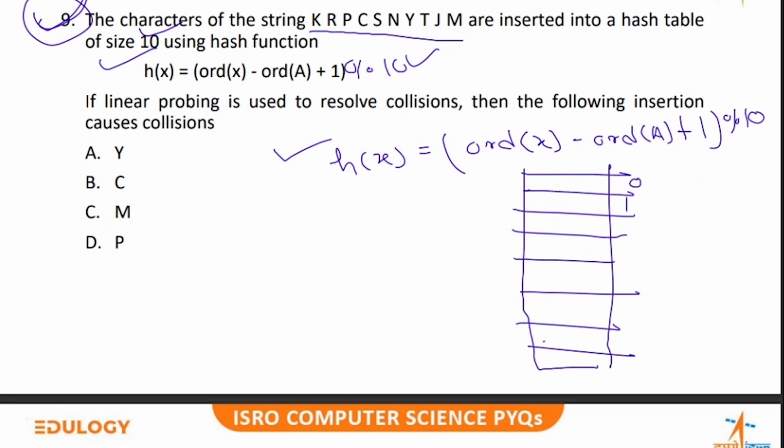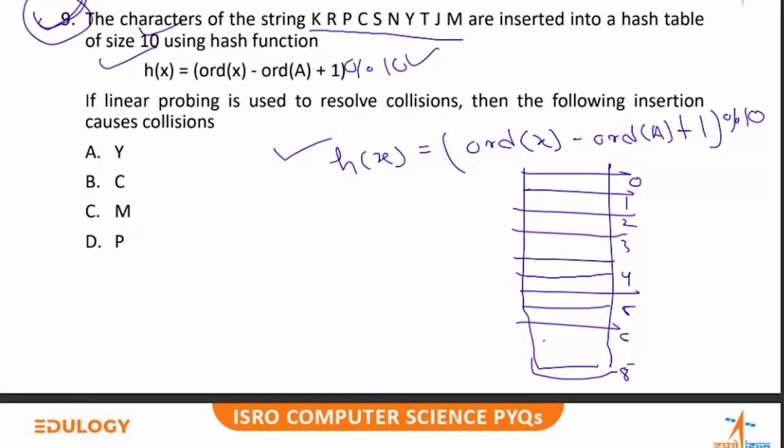So 0, 1, 2, 3, 4, 5, 6, 7, 8, 9. This is our last question. After this, we will continue from tomorrow's class.